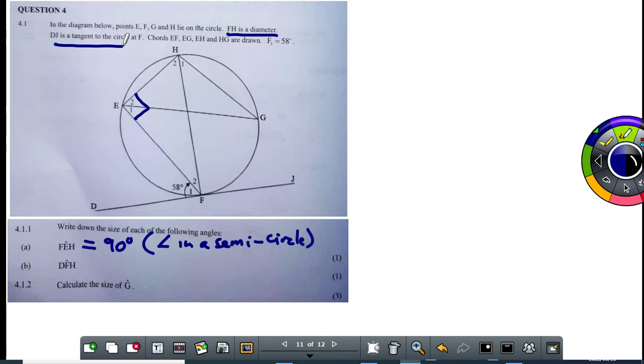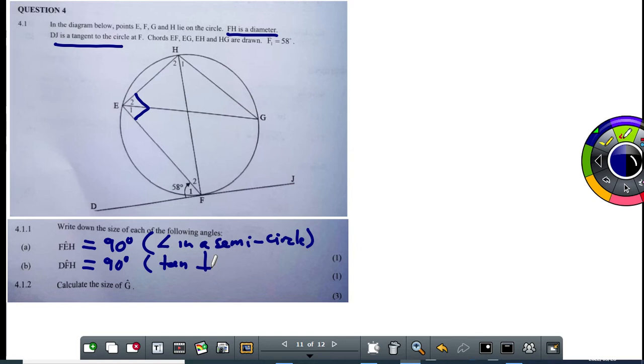So here, we have got DFH is equal to 90 degrees. The reason is tan perpendicular to radius or tan perpendicular to diameter.